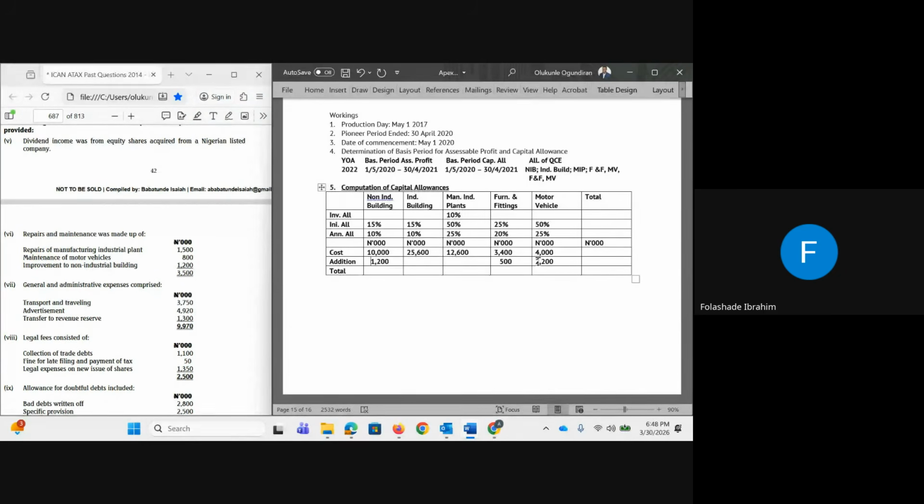They don't tell if it's a building or a motor vehicle. In that case, the examiner is not specific as to which class of asset. So you don't compute capital allowance for it because you don't know the applicable rate. We just ignore it.